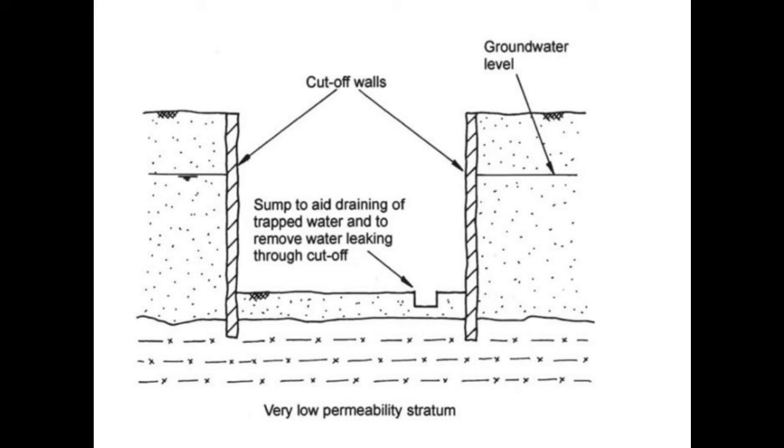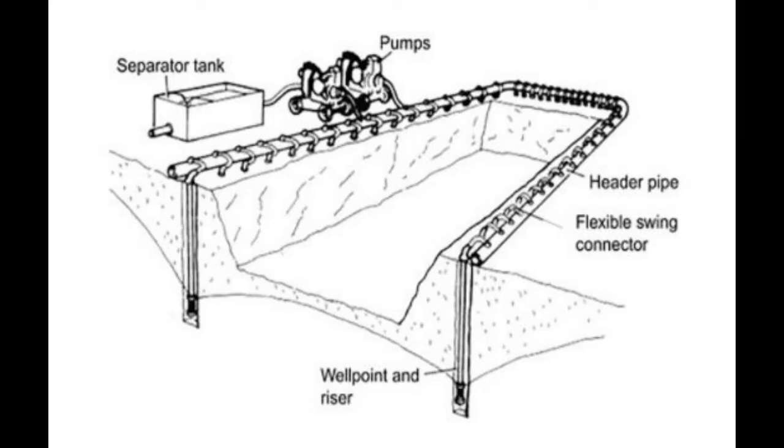Further, we have the well point system. The well point system is a more complicated kind of system. It is majorly based on gravity flow, especially at the time of installation of the well point. The well point is a perforated pipe of about 0.5 to 1 meter long, and 5 to 8 centimeters in diameter.